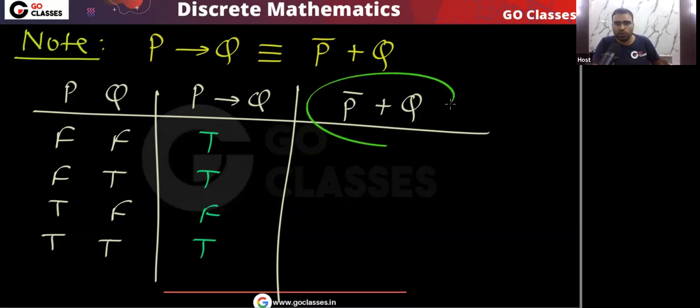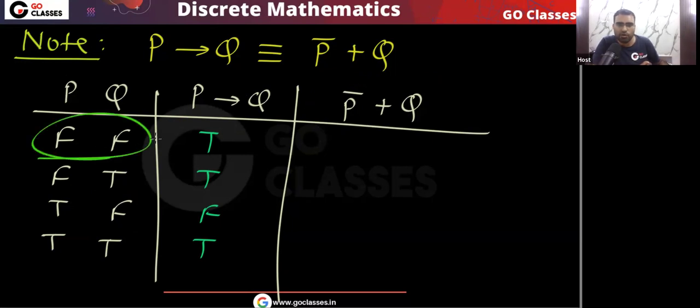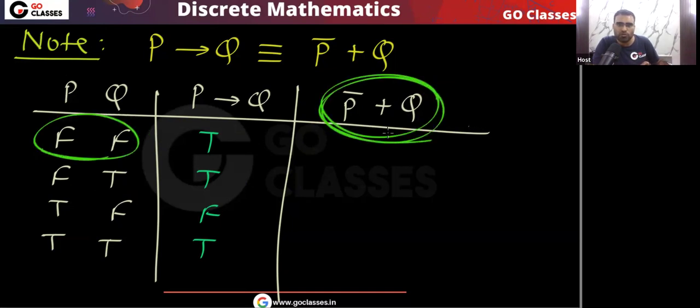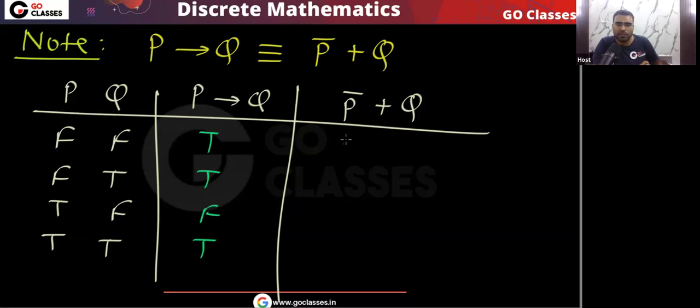Next you can see the truth table of P bar or Q. For this combination, when P is false and Q is false, what is the truth value of P bar or Q? That will be true. In this case also P bar or Q will be true. In this case, P bar or Q will be false. In this case, P bar or Q will be true.